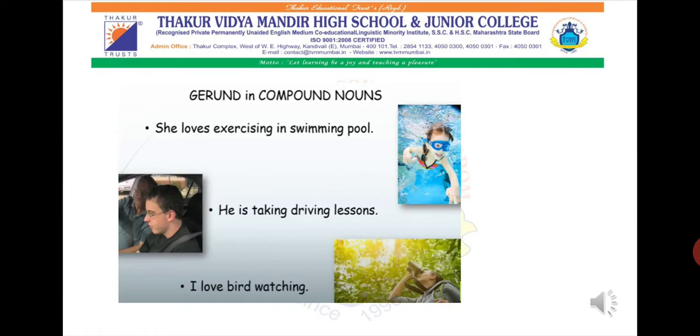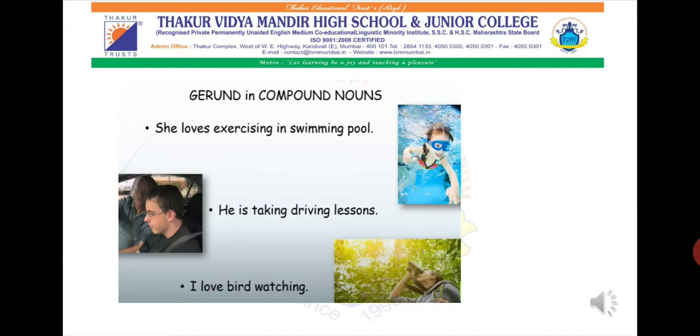So the gerund can be in the place of a subject, it can act as an object, a subject complement, an object complement, it can come right after a preposition, and it can act as a gerund in a compound noun. I hope this concept is clear. If you want to identify which one is the gerund, ask the question what. Also, if you remove that particular noun, the sentence won't make sense at all.